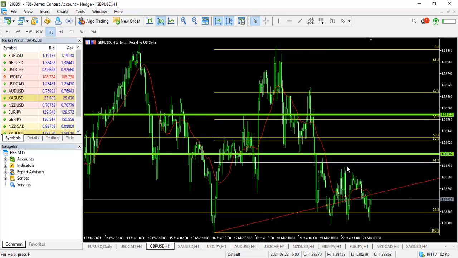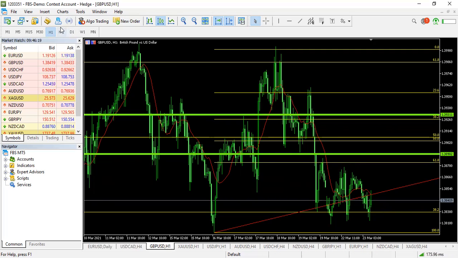The pair is retesting the zone a lot. It's already retested it 3 times. If it does go down again the fourth time, I doubt it's going to be able to support it again, unless it breaks above the 138,700, then I would know that the bearish move would be negated.